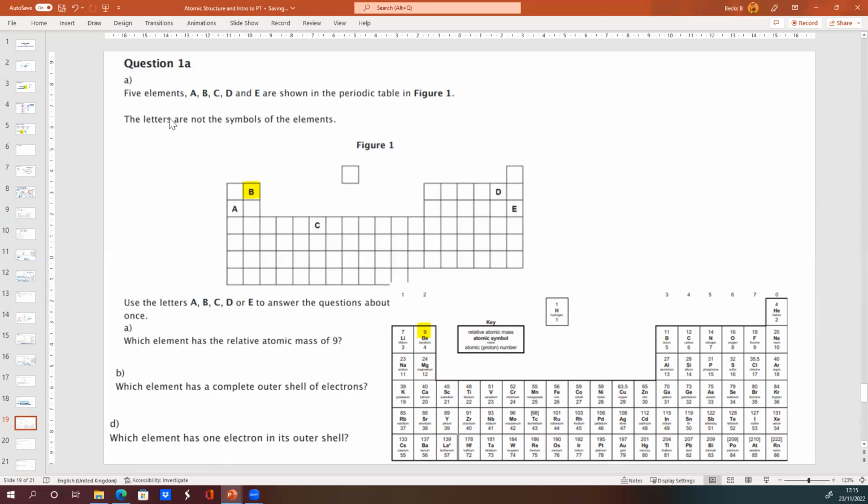And this is group 0, group 8. So the one in here is E. And the last one, the one that's got 1 electron in its outside shell, we're looking for something in group 1. So here we've got sodium, which is A. So we've got E, B, and A.